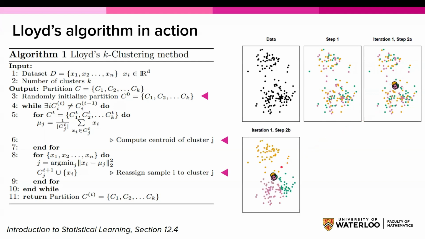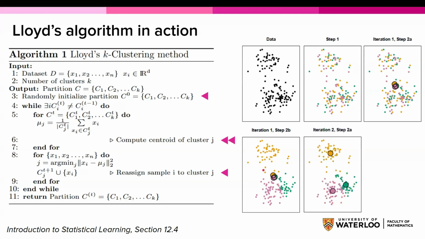In the next step, we reassign the points to a given cluster based on their distance to the cluster. So for example, this point here was changed from pink to orange because it's closest to orange. It's not as close to pink and not as close to green either. And then we iterate Lloyd's algorithm again to update the centroids given those new memberships, given those new clusters.